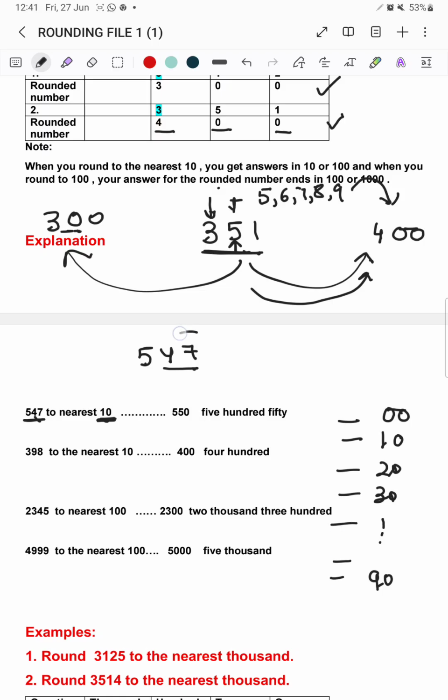So if I have 547, it basically lies between which two tens? If I just talk about the tens and ones part, like 47, it lies between 40 and 50. And my actual number is 547, so it will be lying between 540 and 550.